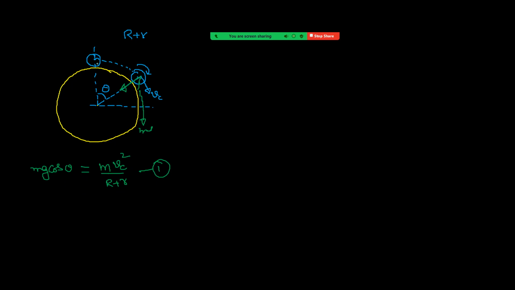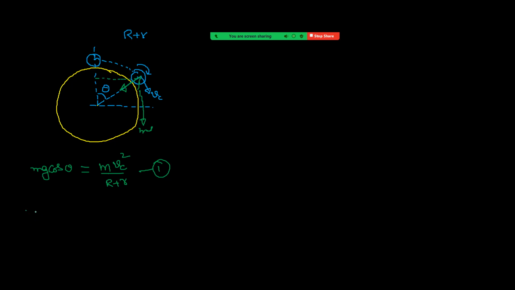So here it is rolling without slipping. There is no loss in the mechanical energy. So I can write here the loss in the gravitational potential energy. Let us see, initial height R plus r, finally height equal to R plus r into cos theta. So it has come down.